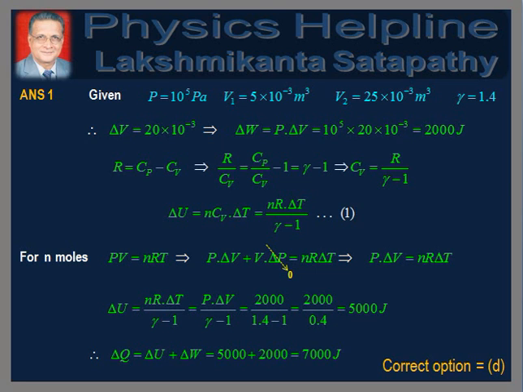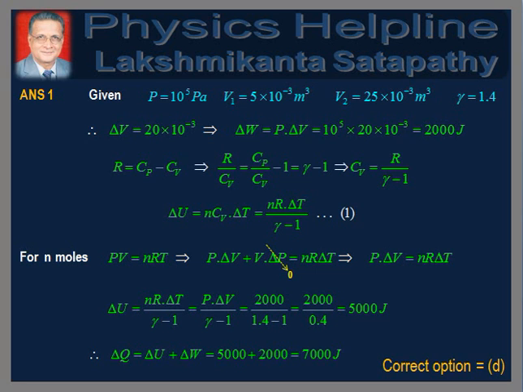Now delta U is equal to n into Cv into delta T, where n is the number of moles and delta T is the change in temperature. Therefore, delta U is equal to nR into delta T divided by gamma minus 1.